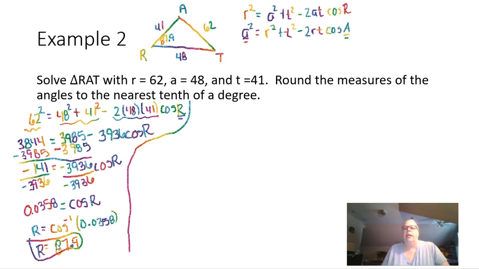Okay, side A and angle A, they're on opposite sides of the equal sign here. All right, let's write that up. We're going to have a squared equal to r squared plus t squared minus 2 times r times t times the cosine of angle A.